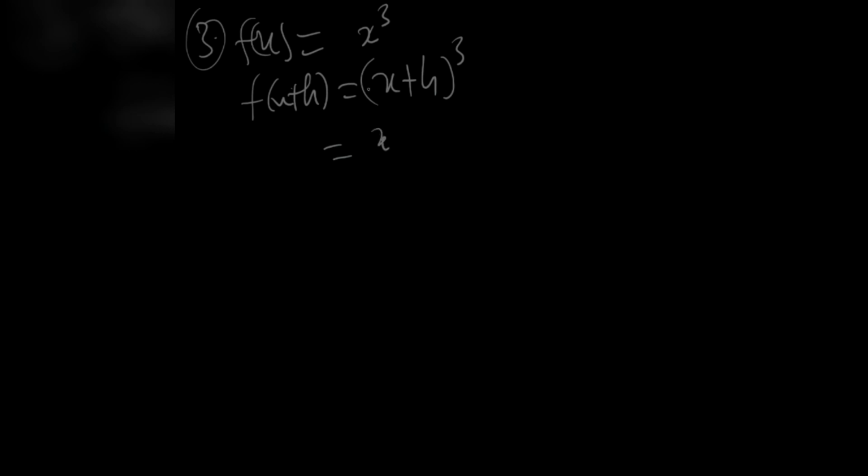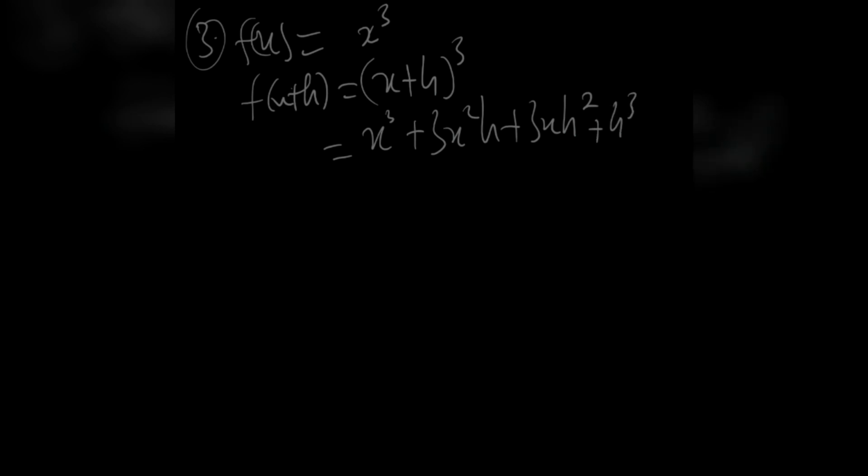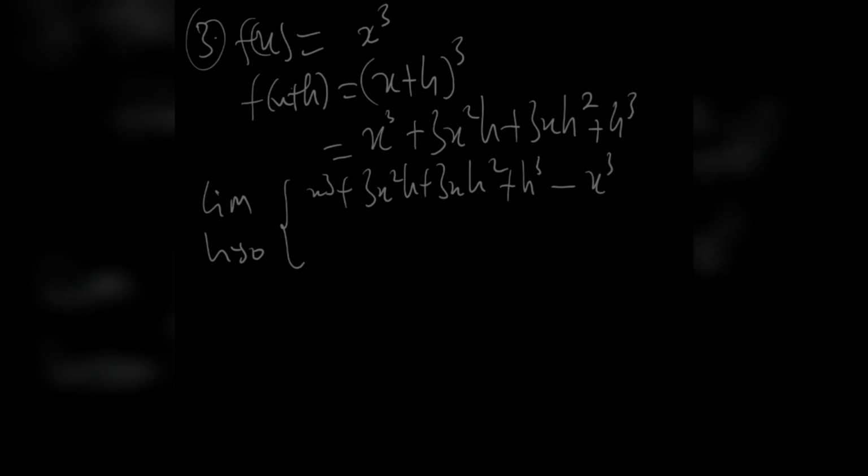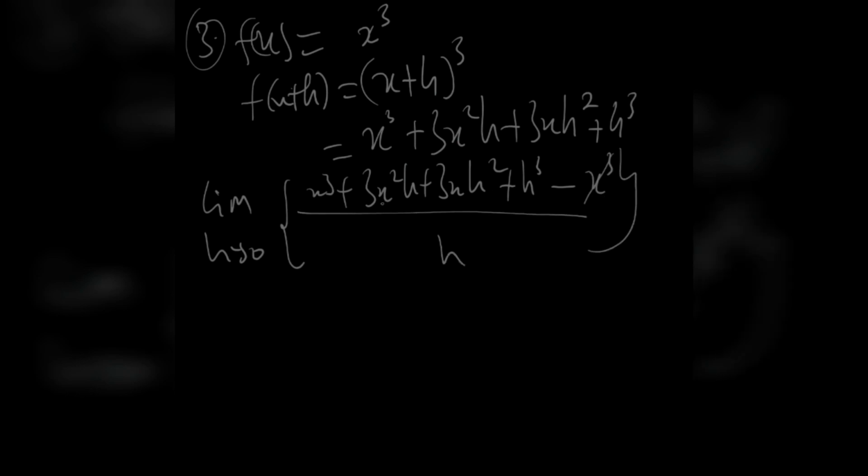That will be x cubed plus 3x squared h plus 3h squared x plus h cubed. Okay, so inserting it in the formula, we get f of x plus h, that is x cubed plus 3x squared h plus 3xh squared plus h cubed, then minus f of x, which is just x cubed, all divided by h.